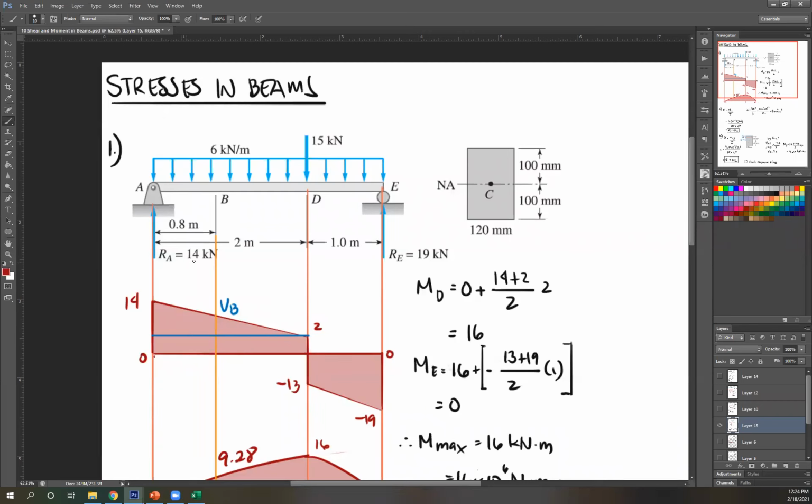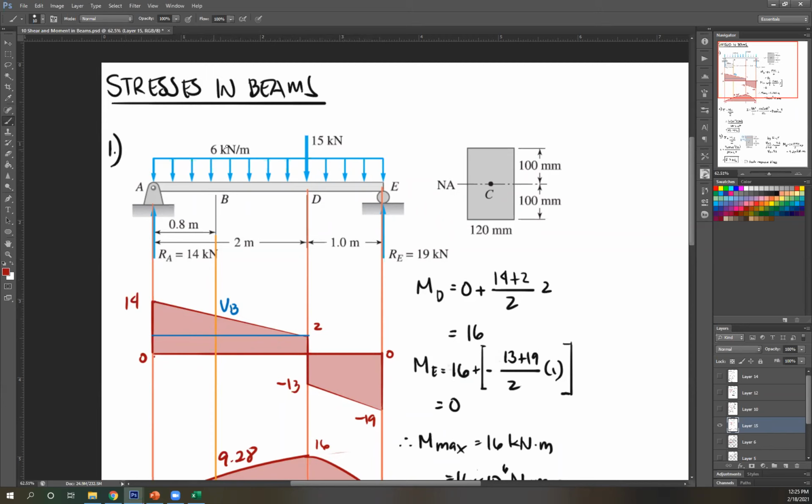There's an upward force or reaction of 14 kilonewtons, so go upwards by 14. Next, you have a uniformly distributed load. So therefore, my line here would be a sloping line, first degree higher. From 14, this is downward, so you go downward by a certain amount, which is the area of your load diagram.